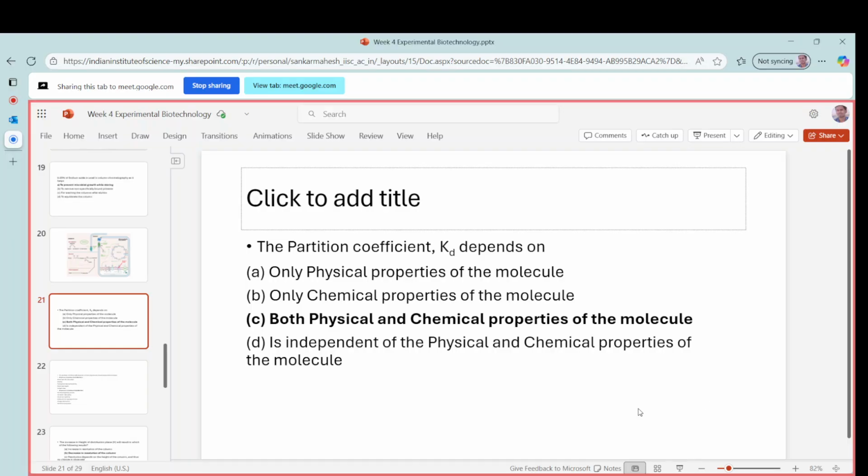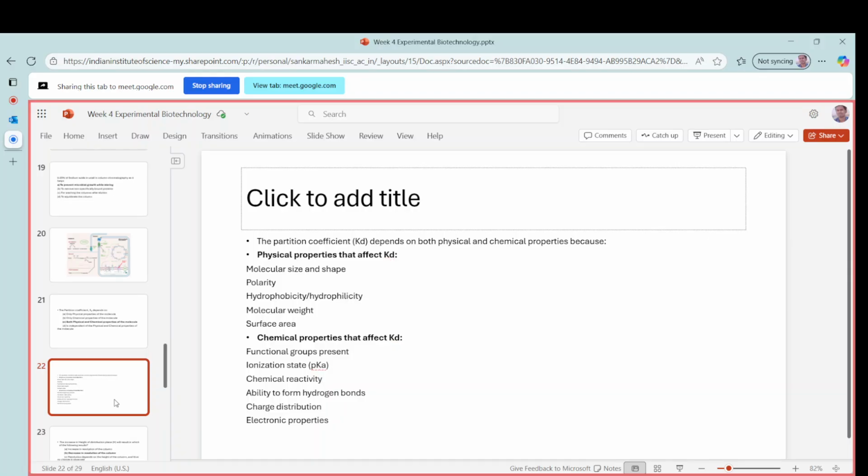Okay, so first we'll discuss what partition coefficient is. It tells us whether a molecule binds better to the stationary phase or the mobile phase. For that we analyze how much of the compound is finally present in the stationary phase and how much is present in the mobile phase. Now this chemical interaction depends on the charge of the molecule.